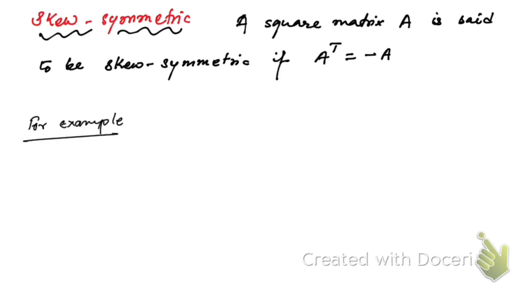let me take a matrix, suppose A. Let me write 0 1 minus 2, then minus 1 0 3, then 2 minus 3 0.